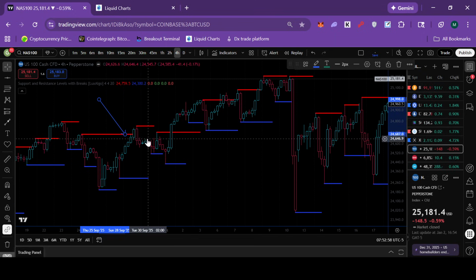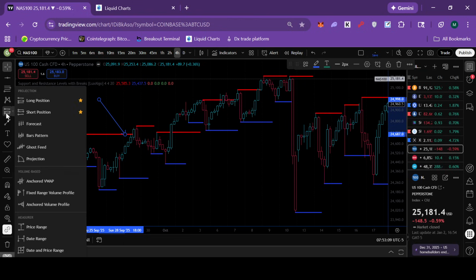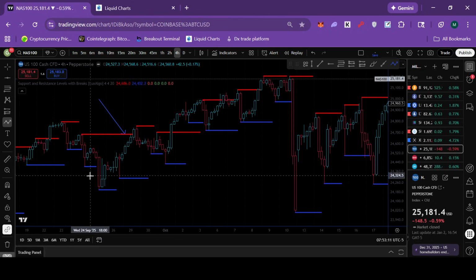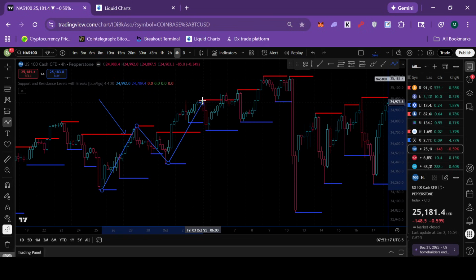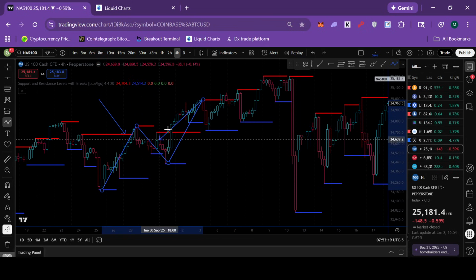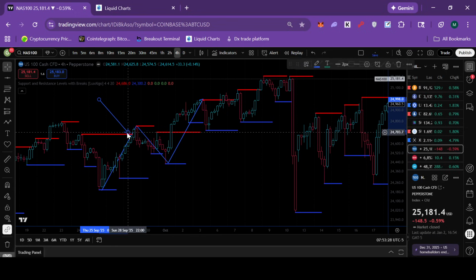It returns, and now we're looking for the market to break back out, which it does here, and it goes up higher. So you see we have the low, a high, higher low, higher high. And we're looking for entries breaking out of the level that it first broke, which is this red line.